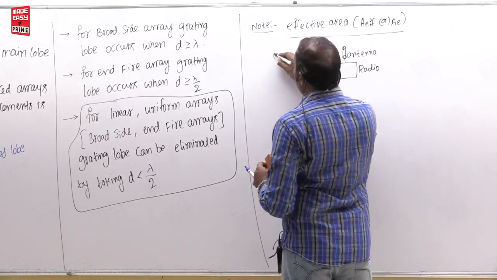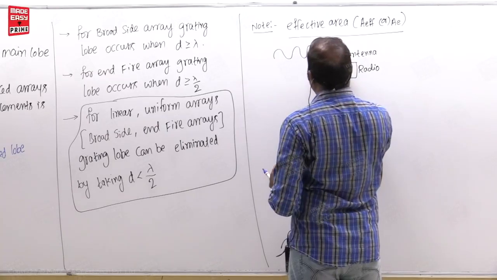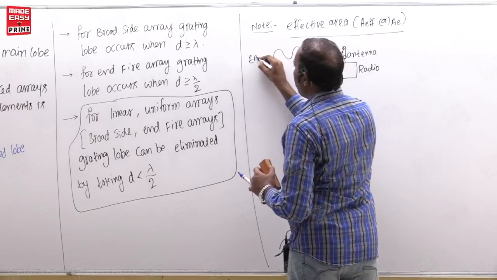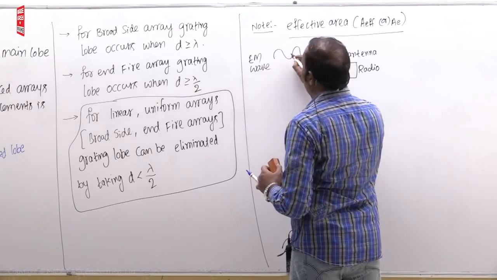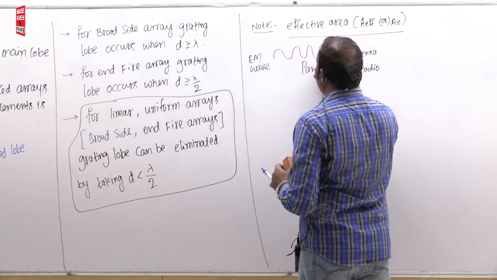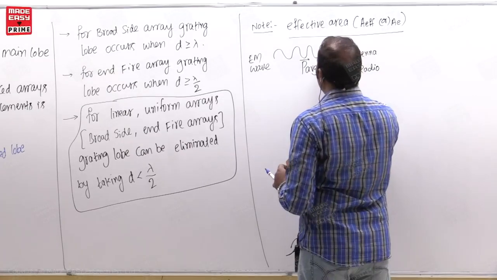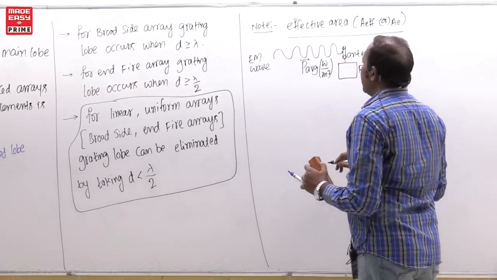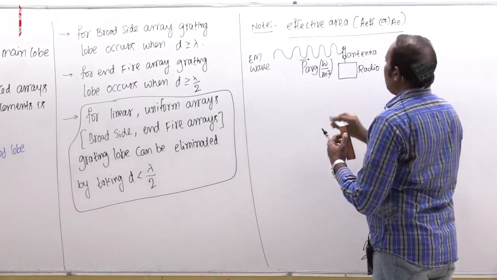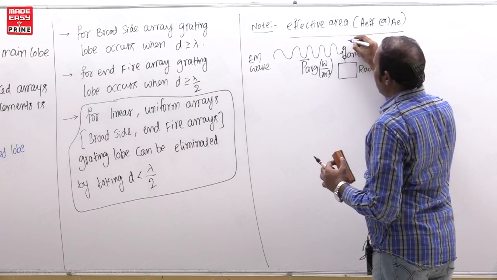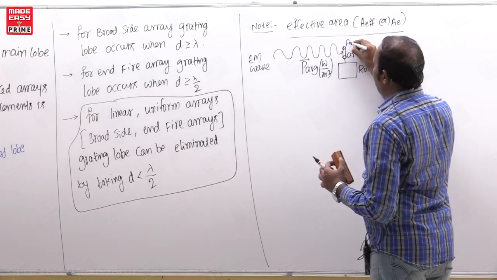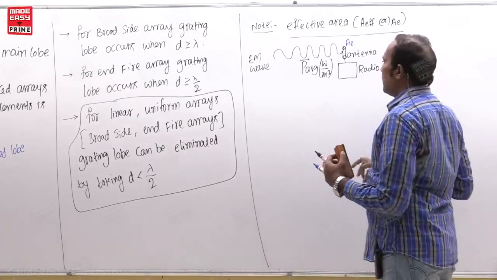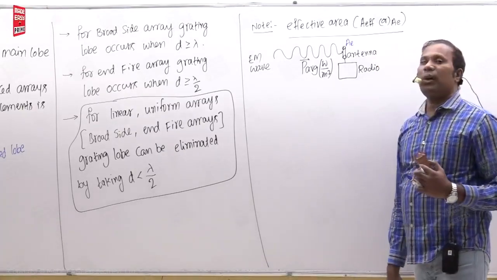Now here some EM wave is coming like this. So this EM wave has an average pointing vector whose unit is watt per meter square. Now this antenna has an effective area. Now I am giving hints for you.